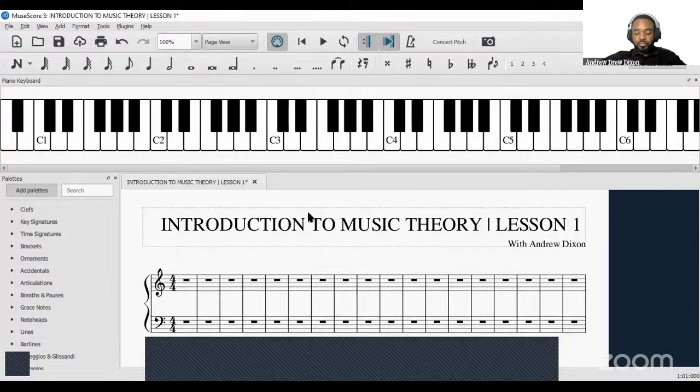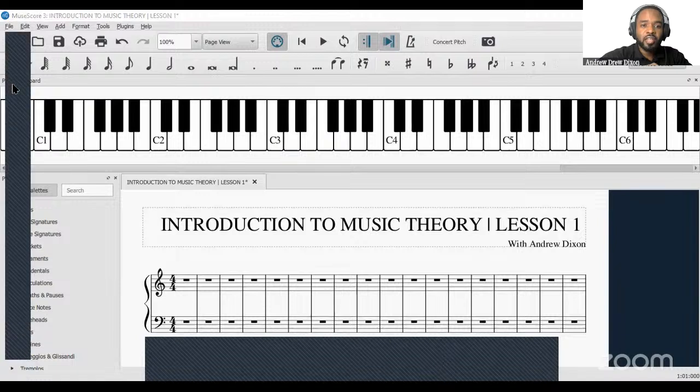Now, the notes on the piano, or the keys on the piano, are named after the first 7 letters of the alphabet, namely A, B, C, D, E, F, and G. Good? So those are the first 7 letters of the alphabet.